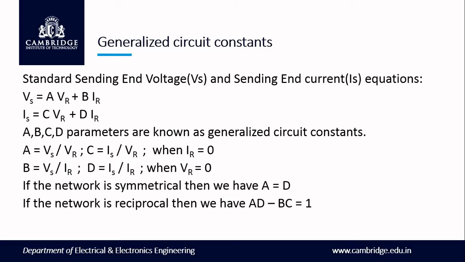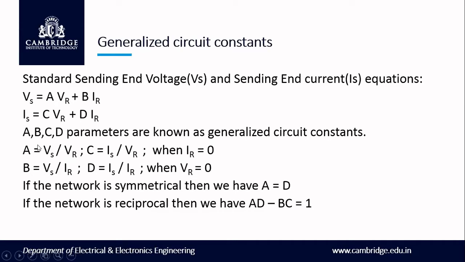Next, we'll discuss the generalized circuit constants. Here we need to derive the expression for the sending end voltage and the sending end current in terms of the ABCD parameters. So this is the general standard equation: Vs is equal to A into Vr plus B into IR, and Is is equal to C into Vr plus D into IR.